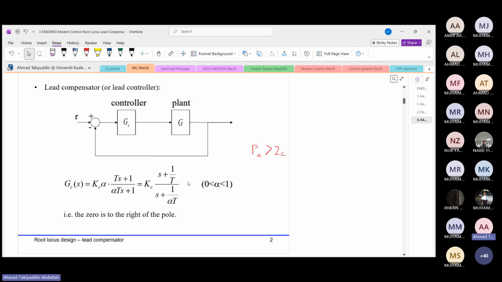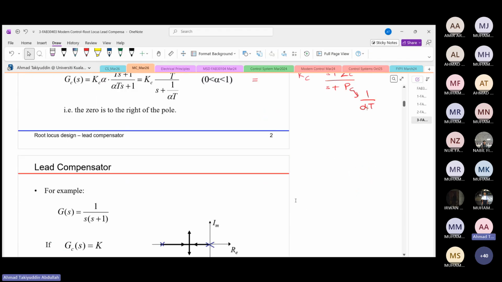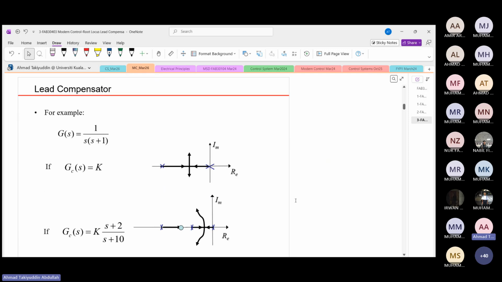In other words, you can write the compensator equation as Kc times S plus Zc over S plus Pc, where Zc is 1 over T and Pc is 1 over alpha T. I normally just refer to this, S plus Zc over S plus Pc.